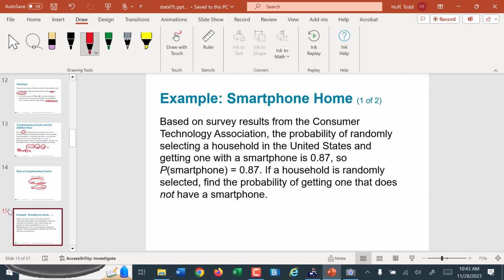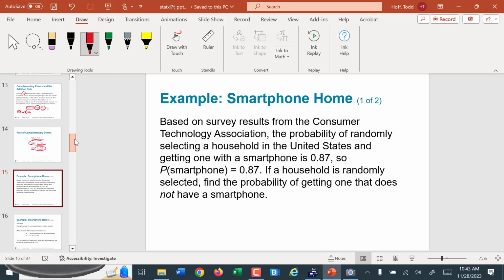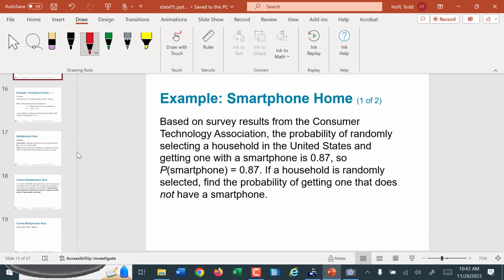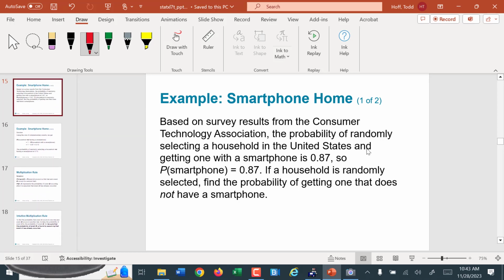Sometimes it's just the information we're given. Like in this example here, based on a survey, the probability of a randomly selected household in the U.S. having a smartphone is about 0.87. Now, this PowerPoint was made a few years ago, so it might be higher than that now. So the probability of having a smartphone is 0.87.